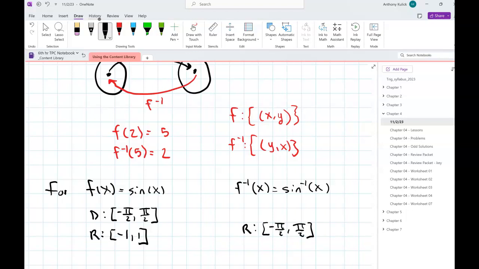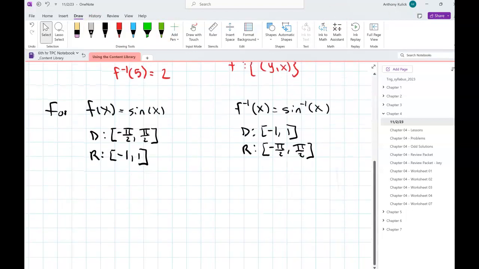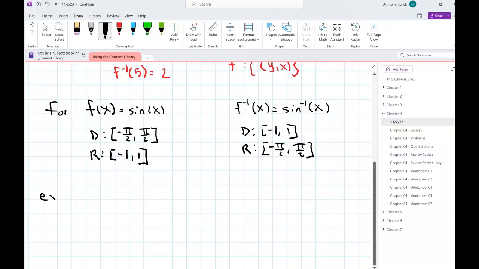And that means the range for f is going to become the domain for f inverse. Everybody's okay so far? That feels all right on how we got to here? Let's do some examples, just using sine inverse before we construct the others.